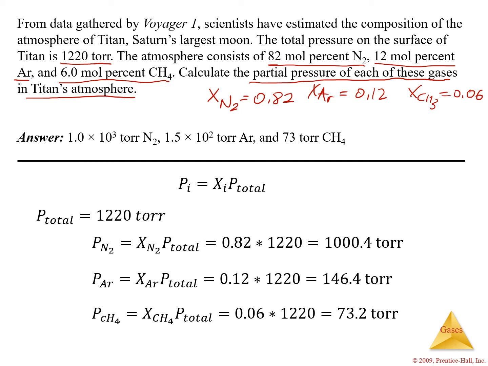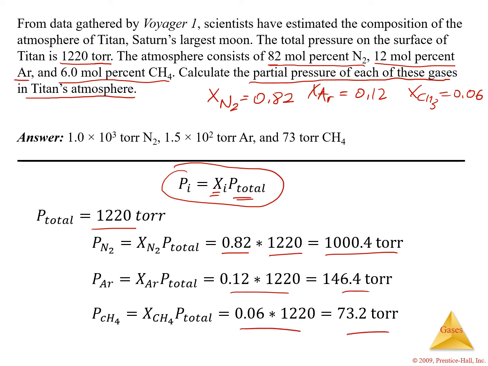So, of course, the solution is lined out here. We're going to relate the partial pressures of each compound to its molar fraction and the total pressure. Total pressure is, of course, 1220 torr, and simply taking 0.82 for the nitrogen multiplied by the total pressure gives you this number, and very much corresponding numbers, very easy for the argon and methane.